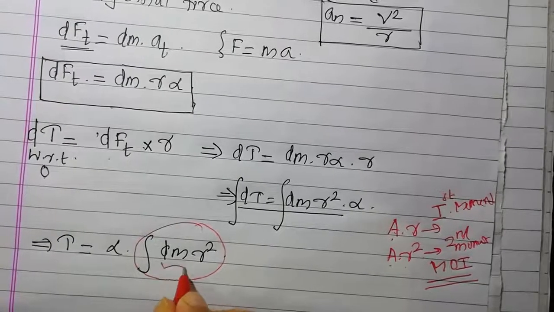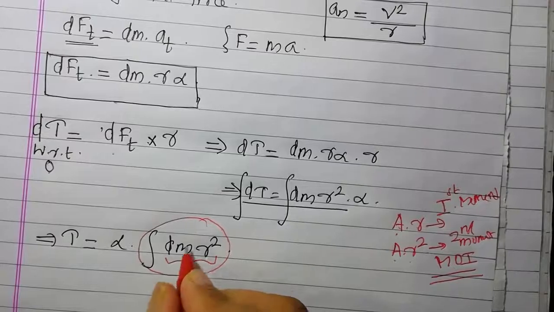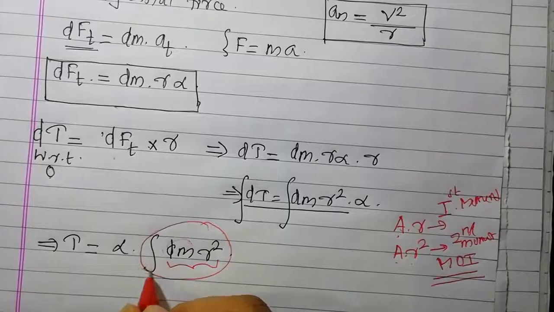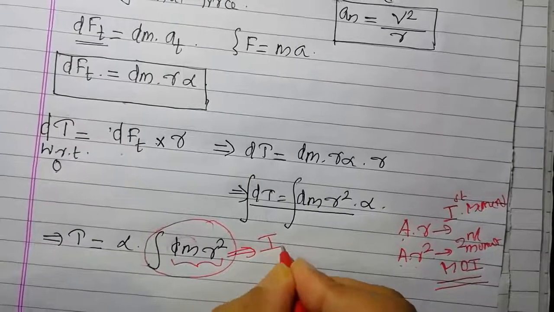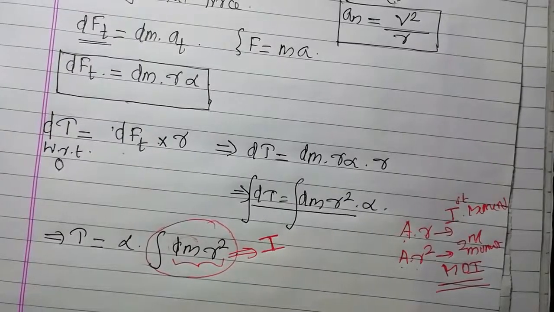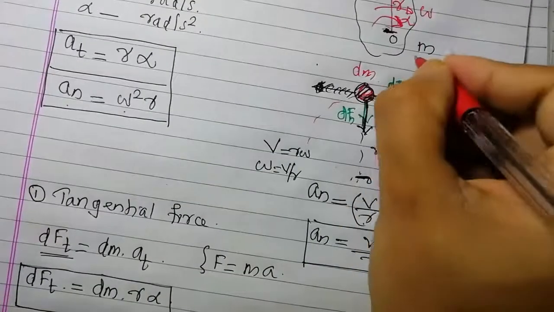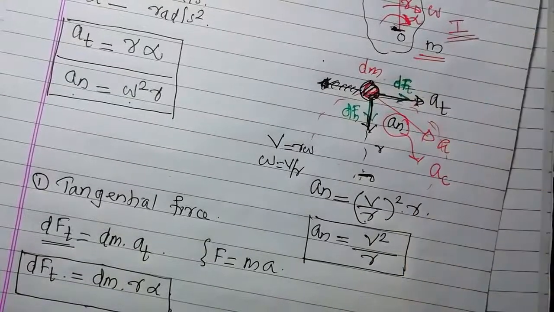So this term, the mass into the square of the perpendicular distance, will give the moment of inertia of this much mass. Then we are integrating that quantity, so it will give the total moment of inertia of the rigid body, and it is denoted as I. So I is the total moment of inertia of this rigid body, known as mass moment of inertia.